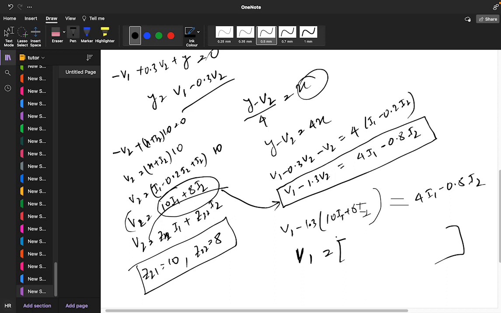So this is 8. Okay. This whole part will become positive only. 13 I1 will come, 8 into 13. So we'll get the result.